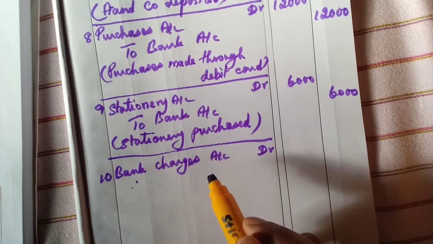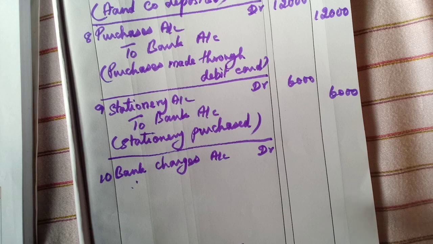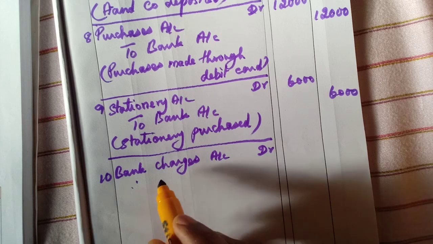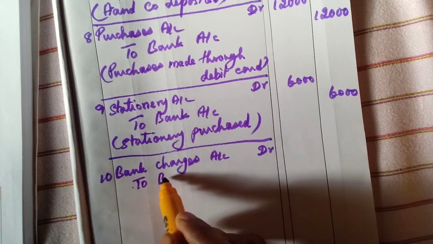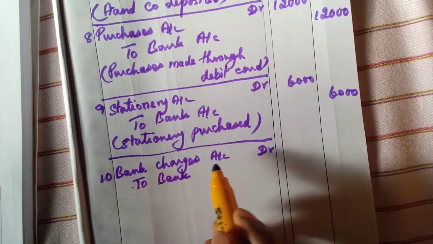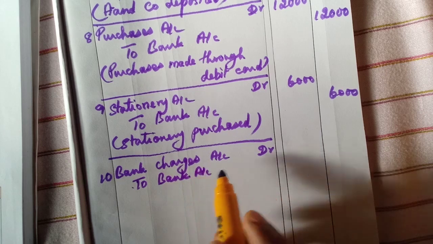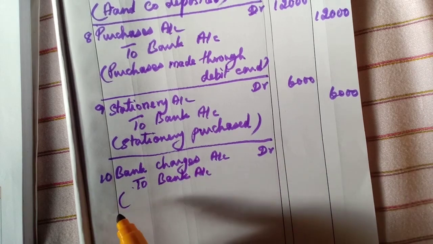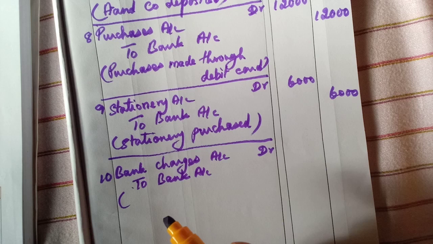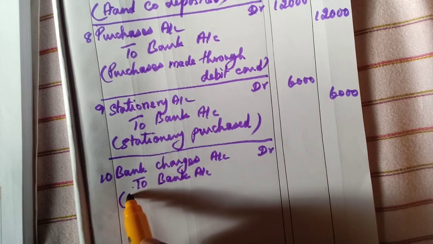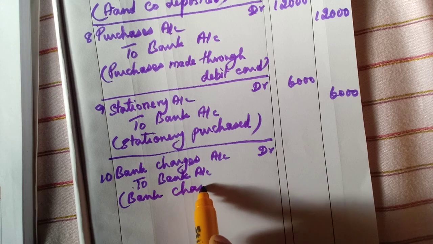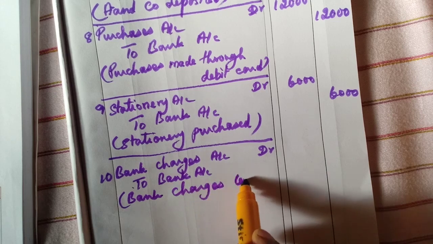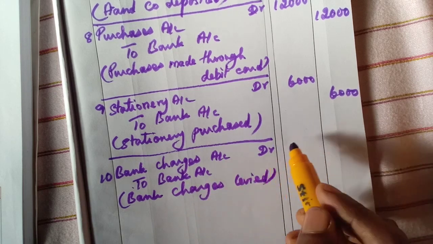Our bank balance is only paying, our bank balance only will get reduced. So here we cannot write cash. So to bank we have to write, because bank only is charging the bank charges. We do not pay in cash. So bank charges levied. $200.